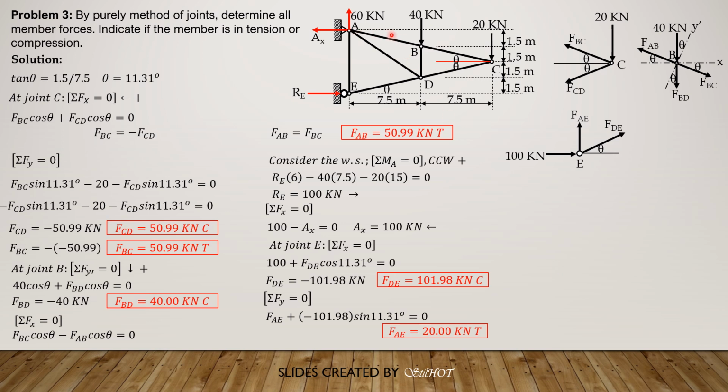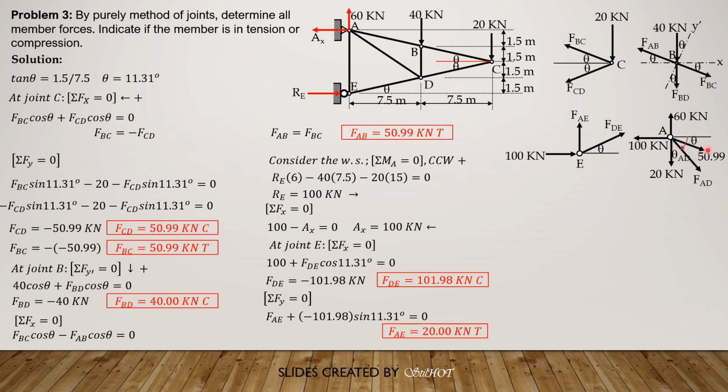But before that, let's solve for the angle that AD makes with the horizontal. So this is the free body diagram. We had AX leftward, upward 60 kilonewtons. Then FAE, we have just computed 20 kilonewtons tension. Then FAD, and this is FAB, which is 50.99 tension.